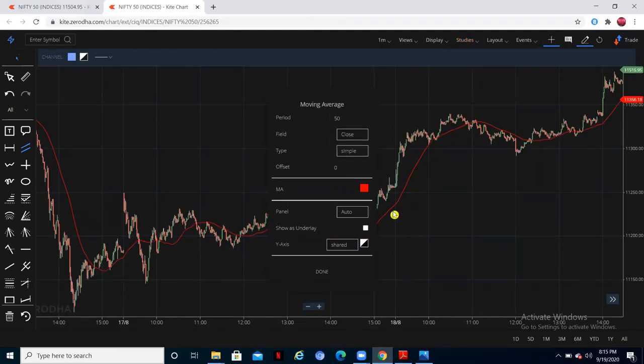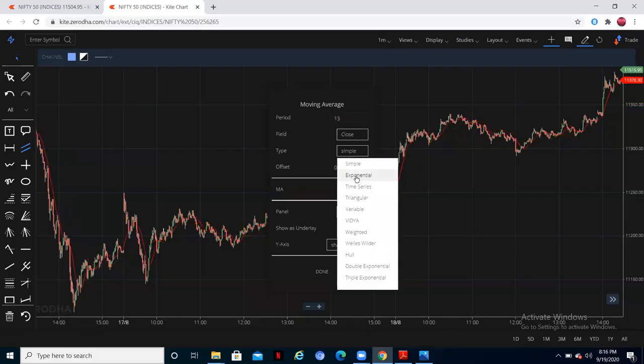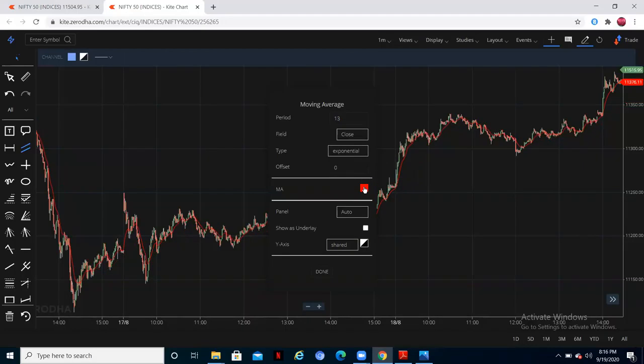Moving averages basically tell you about the trend, the average trend of the stock for whatever time period you set up here. The first moving average which we are going to use will have a period of 13 days. Field will be close, type will be exponential, and you can denote this with any color.